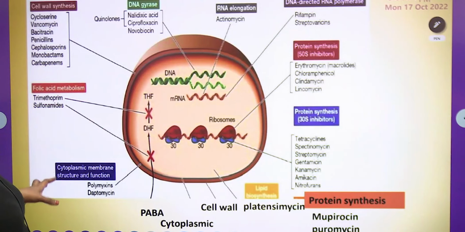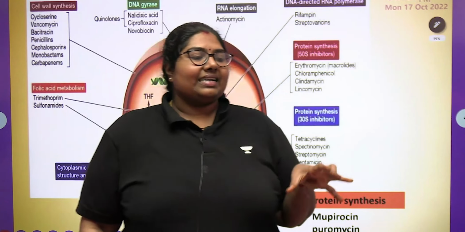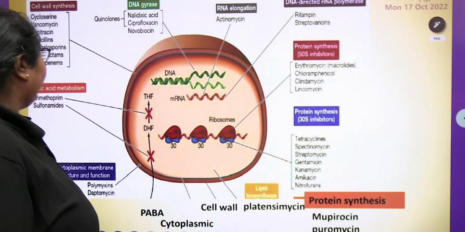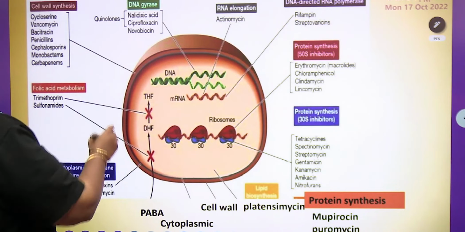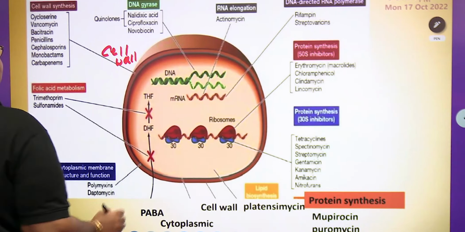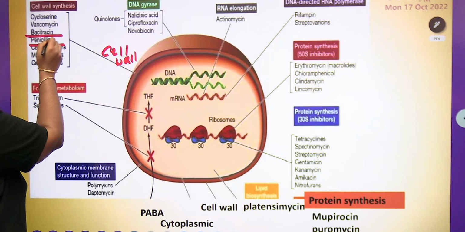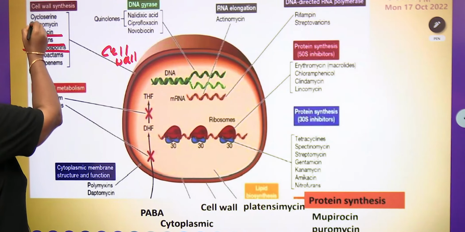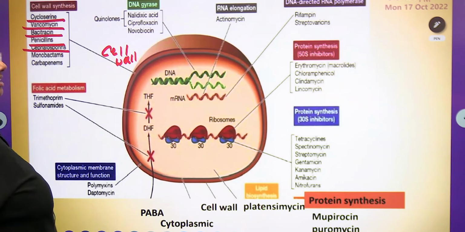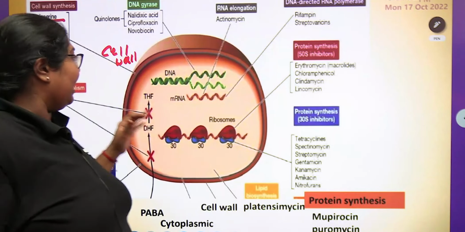Let us see which antibiotics are inhibiting which regions. If you take cell wall or peptidoglycan synthesis, it is going to be penicillin, bacitracin, cephalosporin, cycloserine, vancomycin. All these antibiotics act at the cell wall level.